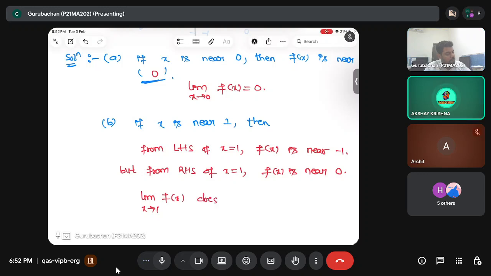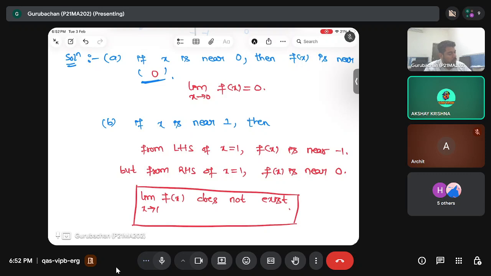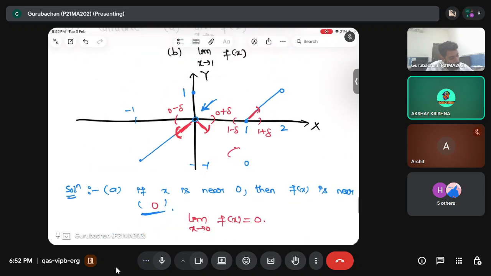Sir, how is the RHS near 0? Here the function is approaching which value? Which axis? 0, sir. Okay, this is 1 at x. Okay, this is not the functional value.